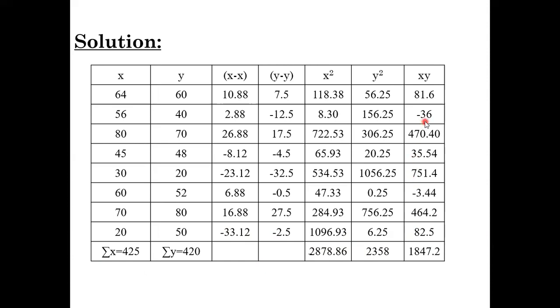So now what we will do is calculate all the plus values first. Total all the plus values, children. Then from that value you subtract minus 36 and minus 3.44, and whatever value you get is sigma XY. Okay, first for calculating sigma XY, you just add up all the plus values.